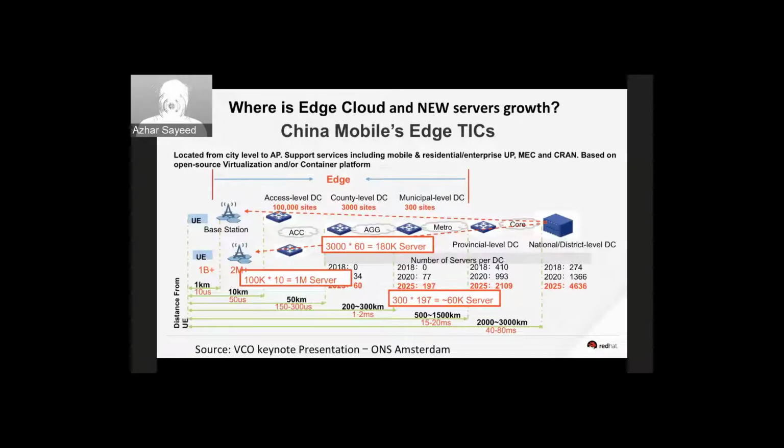This is their estimate. And there are the distances these reside from the base station or the user, and the latency requirements and all of those. Again, credit to my friend Pazi for taking pains to catalog all of these details.